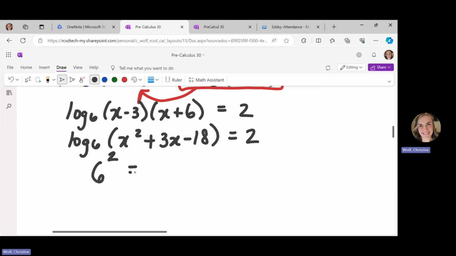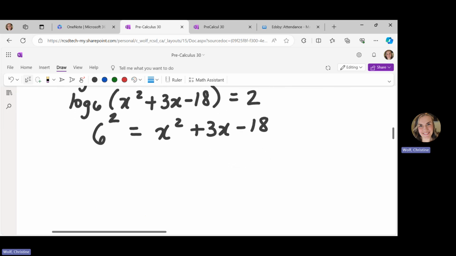My answer is now the exponent, and 6 to the power of 2 has to be equal to my argument. So I set that up, my logs are gone, and now you're going to solve this like you would any other quadratic equation. You learned how to solve quadratics in Foundations 20, and then again in Pre-Calc 20.